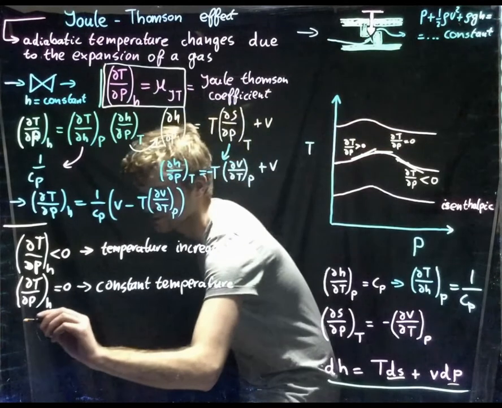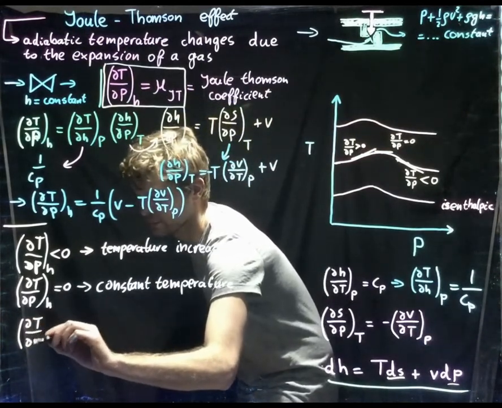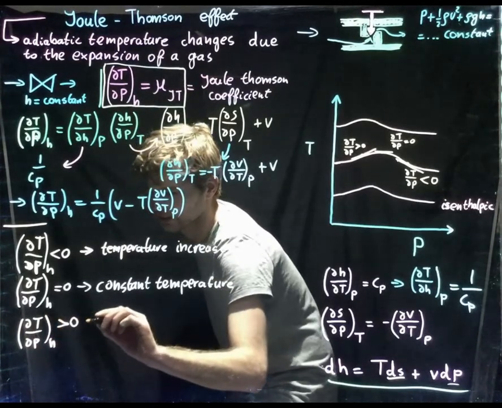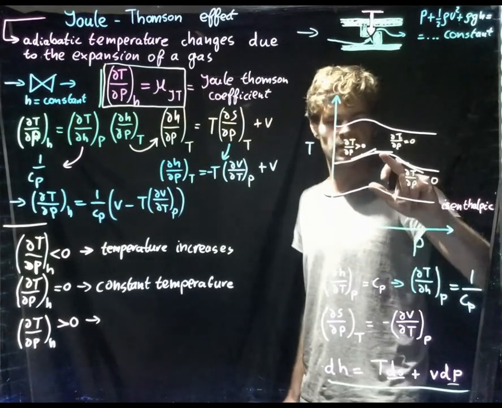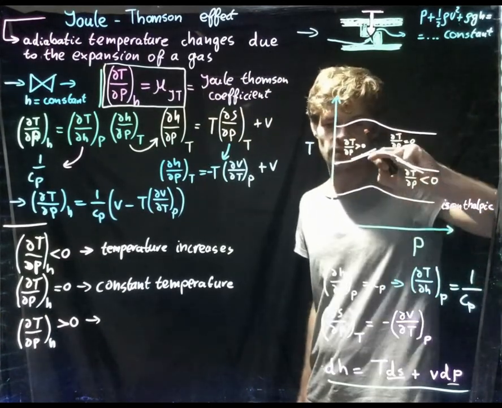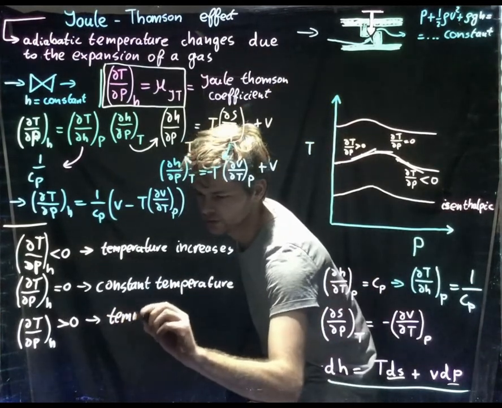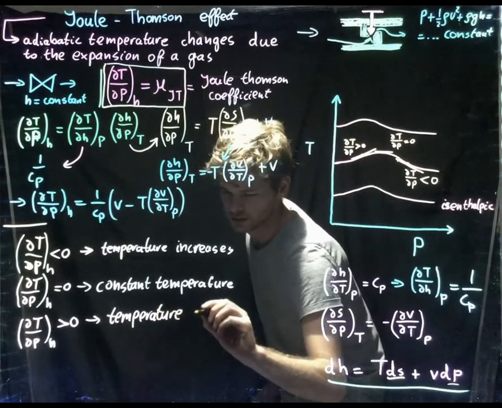And of course we have the other dT/dP, with an increasing slope. So over here, if we decrease pressure, so expansion, temperature will decrease. So temperature decreases.